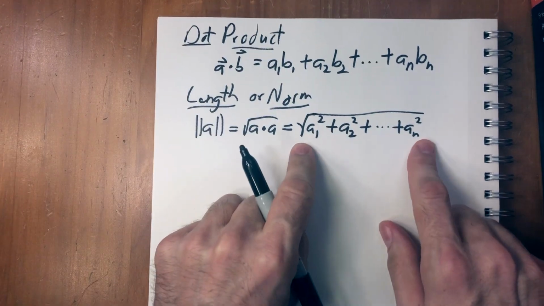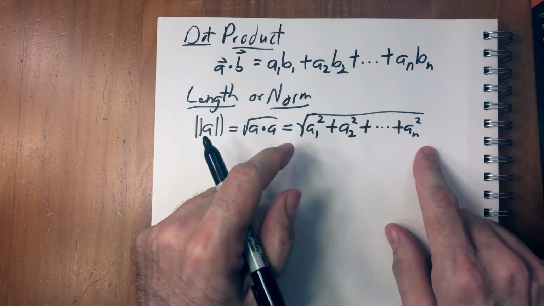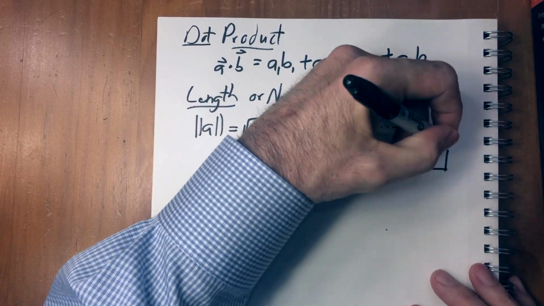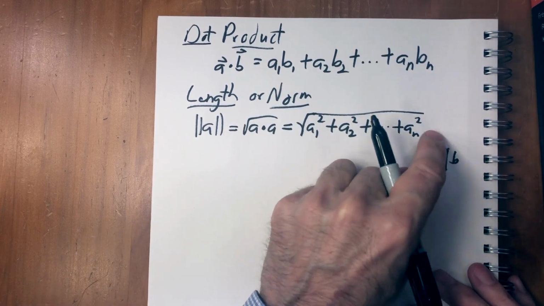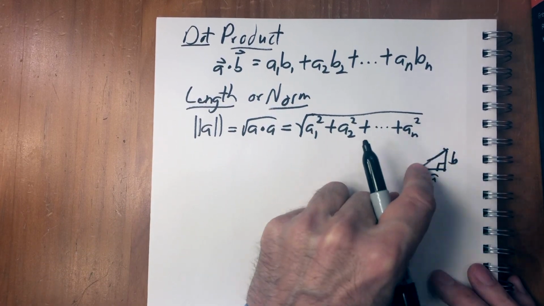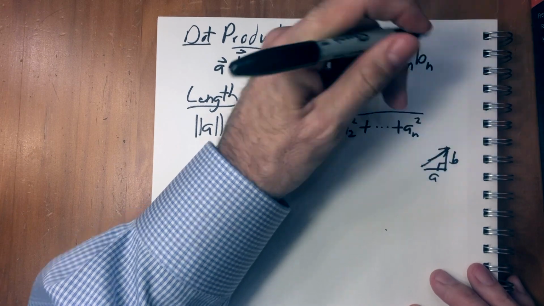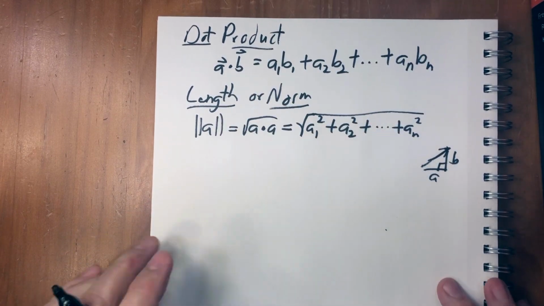And this is just the extended Pythagorean theorem, right? Which we also talked about before. If you have a and b, then a squared plus b squared is c squared, so the square root of a squared plus b squared is this length here, right? That's all this is in multiple dimensions.